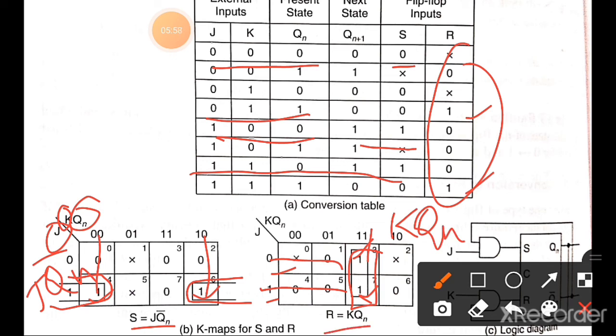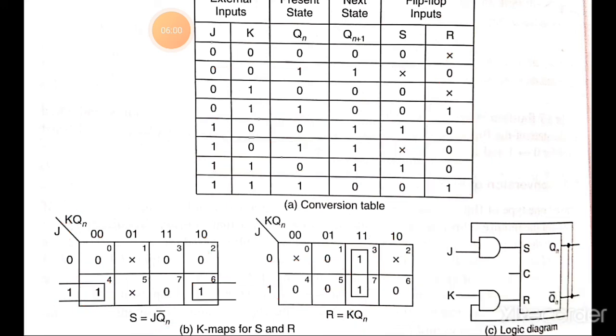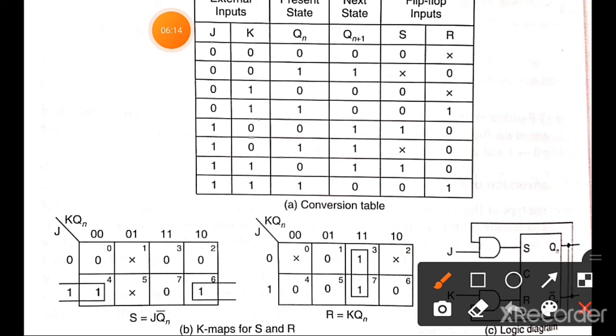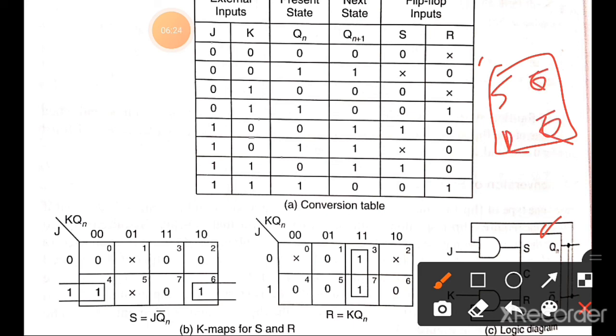So we draw the logical diagram. In this logical diagram, we need to convert from SR flip-flop to JK flip-flop. So the available flip-flop is SR, and Q and Q bar are the outputs. Next, S input means J into Qn bar.